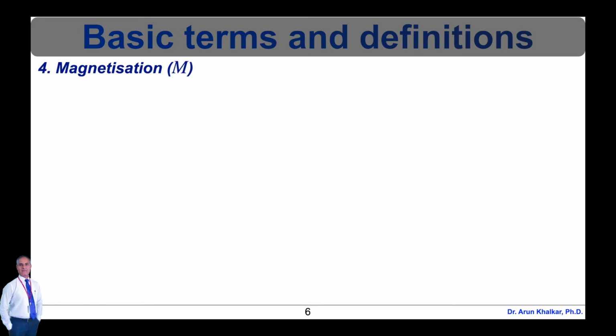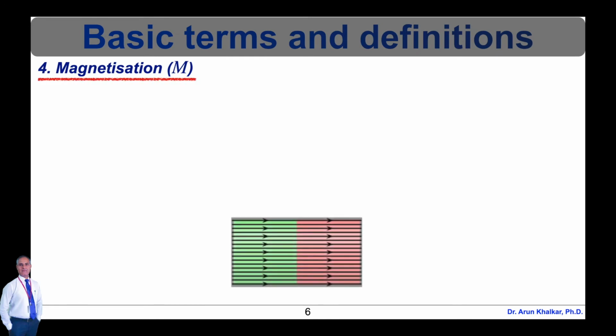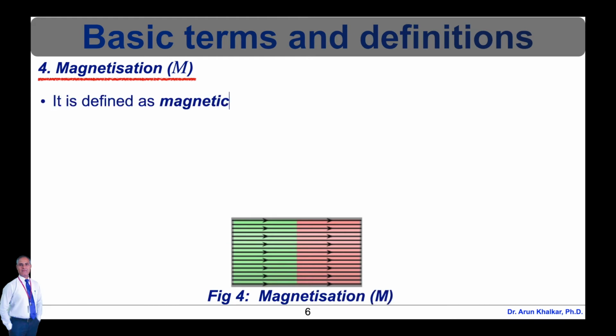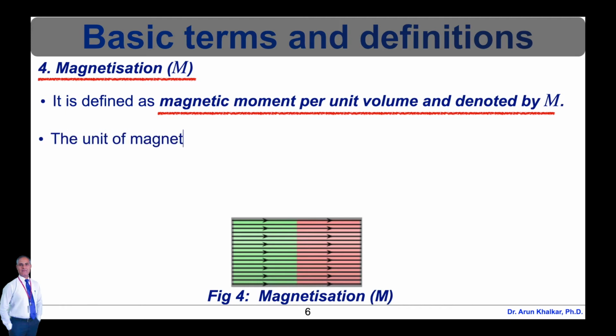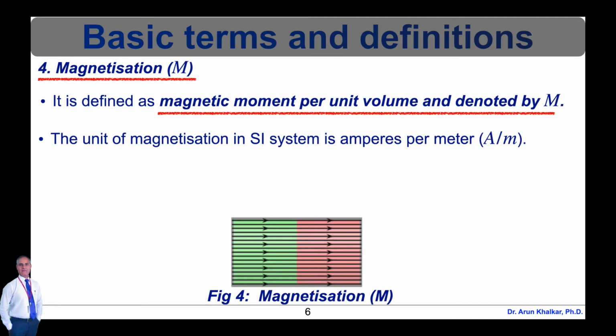Next term is magnetization, which is represented by capital M. Magnetization or intensity of magnetization is the measure of magnetism of magnetic materials. It is defined as magnetic moment per unit volume and denoted by capital M. The unit of magnetization in SI system is ampere per meter.